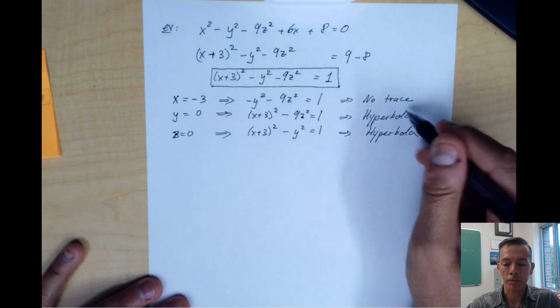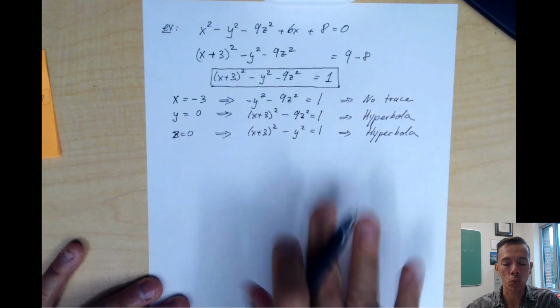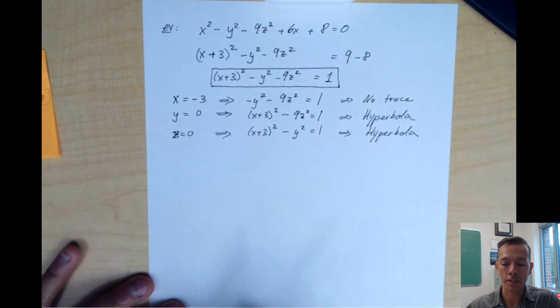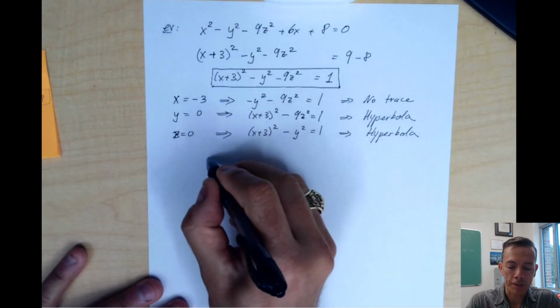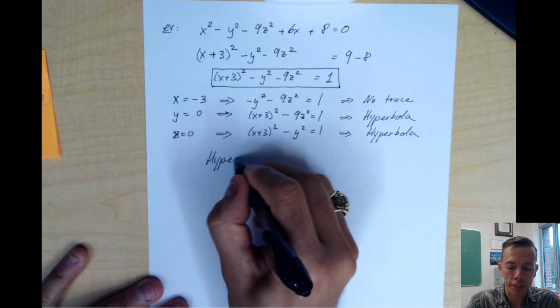So the fact that you have, for traces, 2 hyperbolas and 1 where the plane does not intersect the surface at all identifies this as a hyperboloid of 2 sheets.